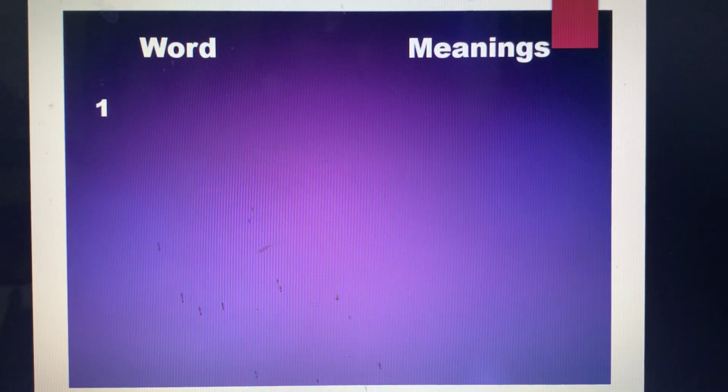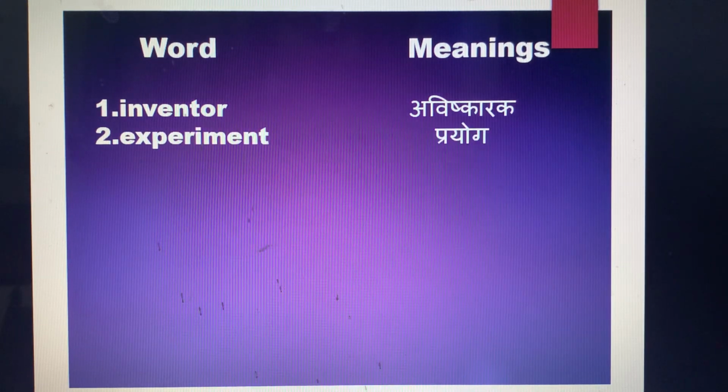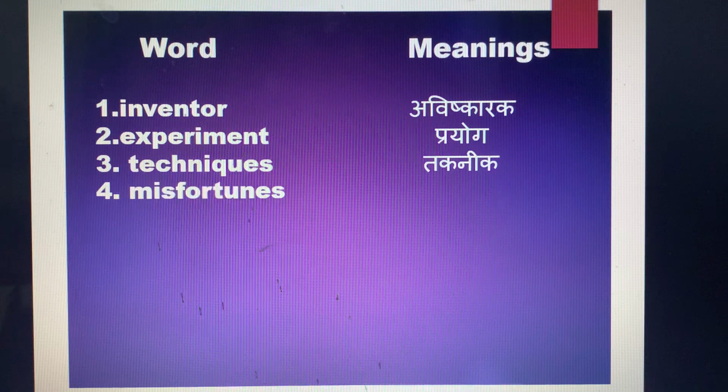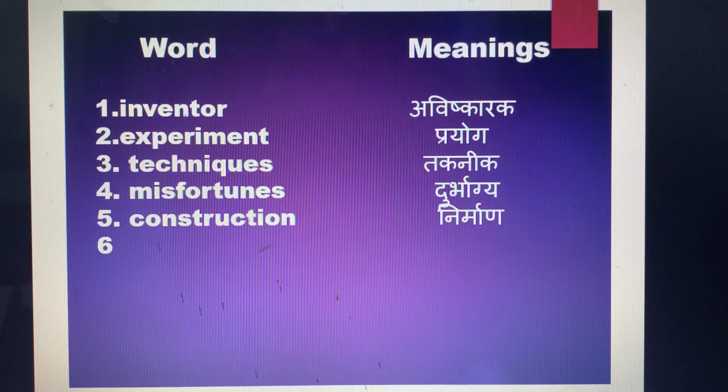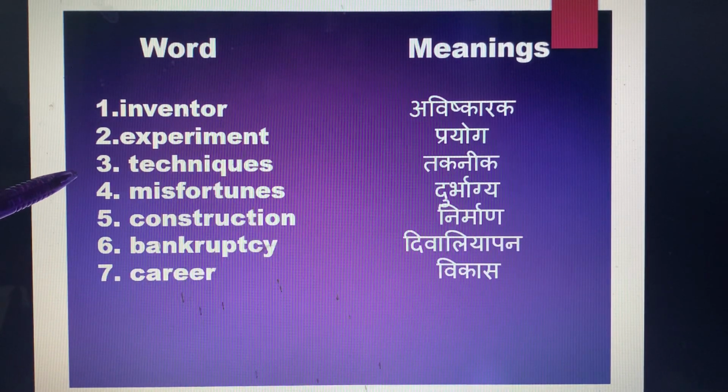Next we are going to start with the word meanings. Let us start. First word meaning is inventor. Inventor means avishkarak. Then experiment means prayog. Techniques means तकनीक, किसी चीज को करने का way, तकनीक.